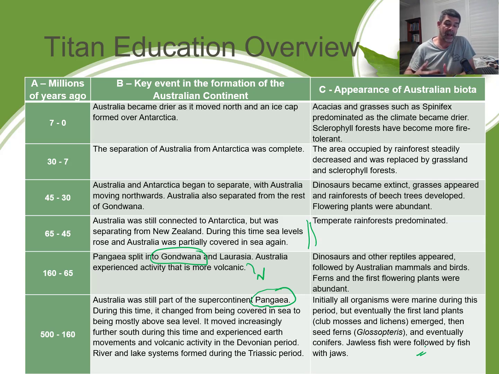And then as Australia continued to drift away from the Gondwanan continents and north, we find changes in the climate and consequent changes in the plants in particular, and then obviously the animal species that those plants supported as Australia continued to move away on its own, developed in isolation, and drifted further and further towards the north.